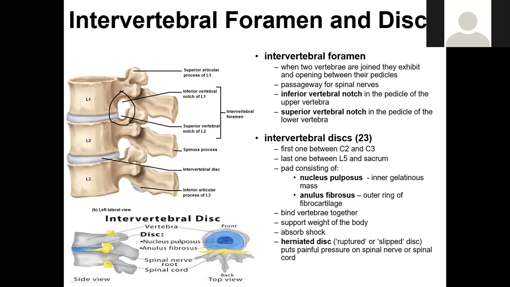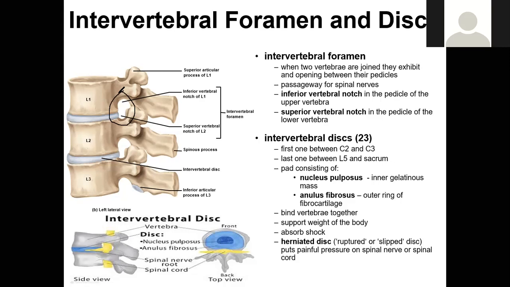And it's in this area that we can get pinching, or even when the intervertebral discs herniate, it can cause pressure on those nerves. So again, when we have two vertebrae together, it creates this intervertebral foramen.